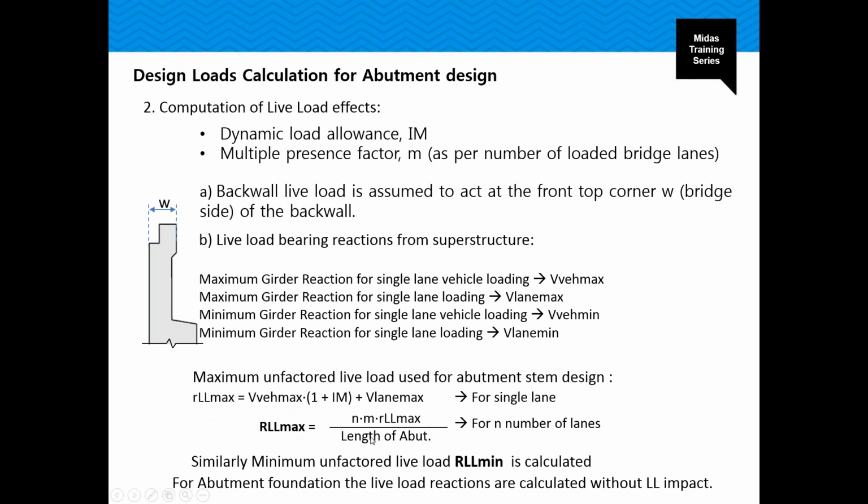And then we divide it by the length of abutment. So we get load per unit length. Again, the same thing is done for the foundation design, for load calculations for foundation, but we don't consider dynamic allowance factor for the foundation design.